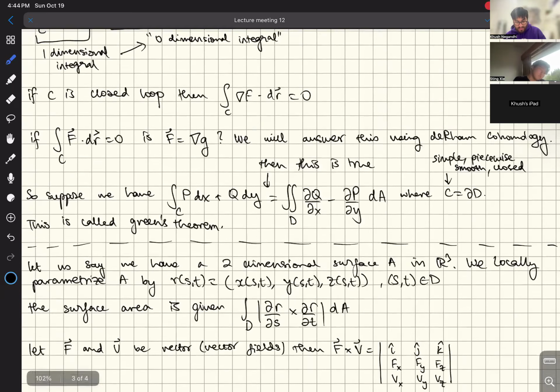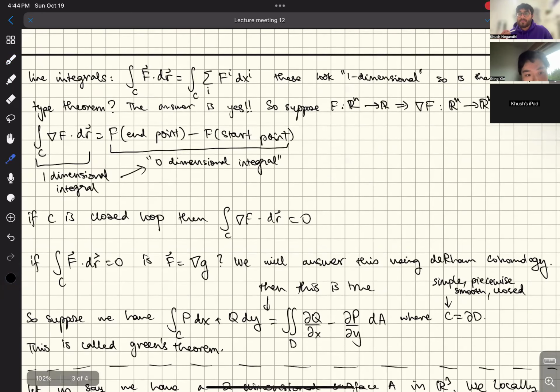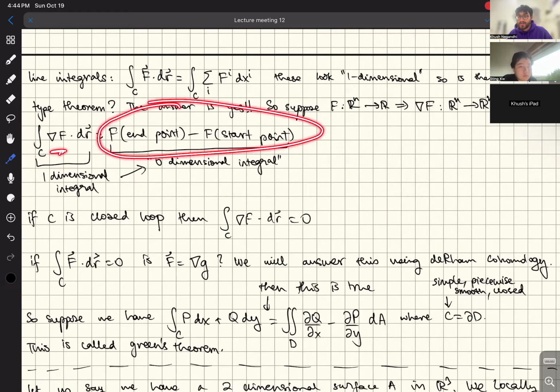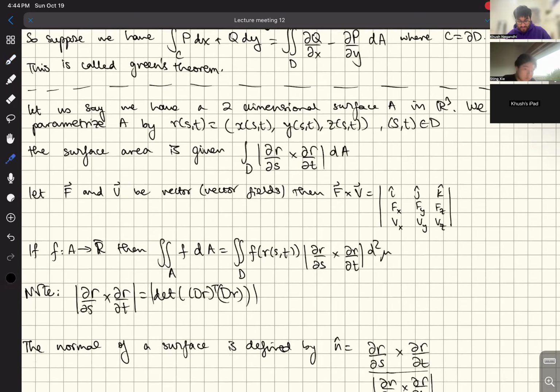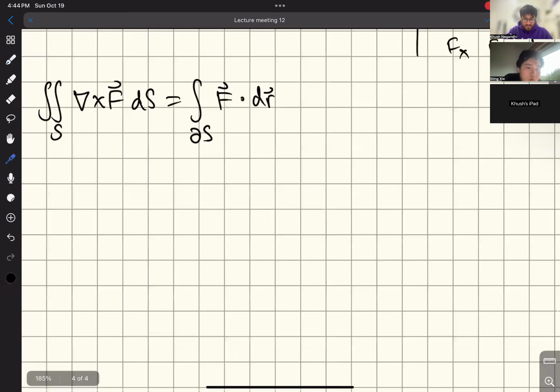Okay, I want to contrast this with the fundamental theorem of line integrals. You have the integral over a one-dimensional object of the derivative is the integral of the object in an n minus one dimensional thing. Here you have the integral of the curl of something is the integral of just the thing itself over a lower dimensional object. So this is a 2D integral.